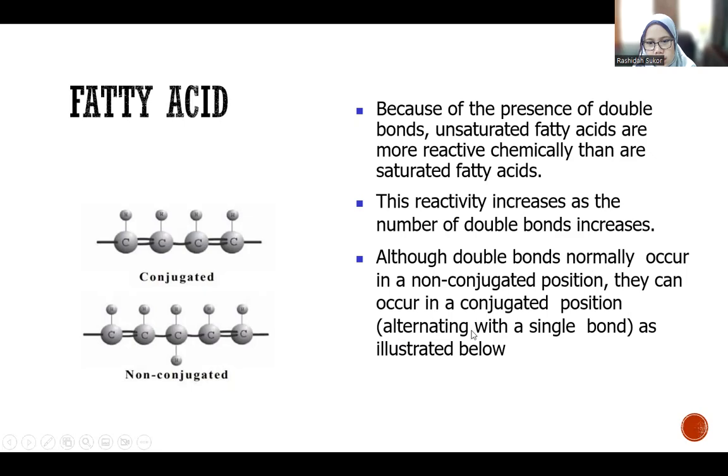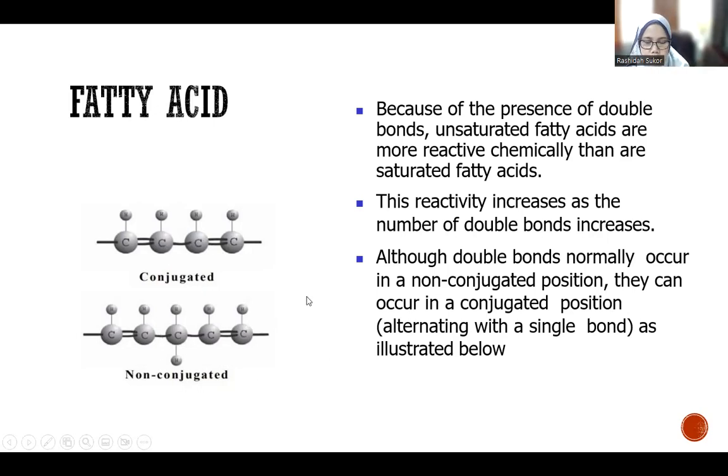That is called alternating with single bonds. That is what we call conjugated. Conjugated fatty acid. Conjugated does not mean something conjugated with it, but it means the double bond alternates with the single bond.